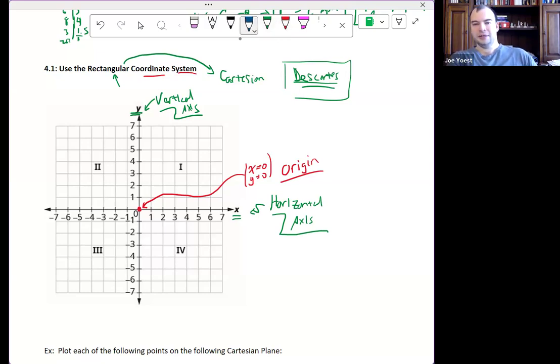Now, if I look at this plane, when I'm plotting a point on it, say a point here, I see that this point is associated with X equals 2, Y equals 4.